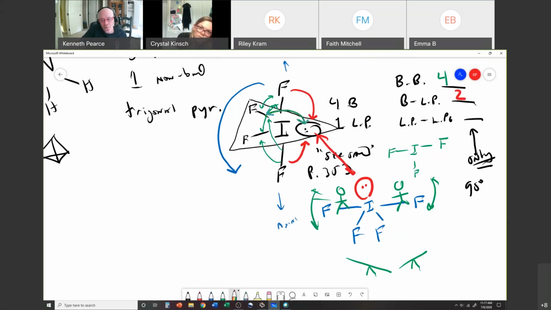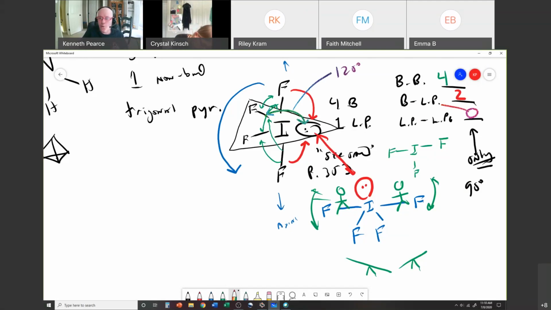What about those that are on the equator? That's 120 degrees. It's a triangle. The equatorial interactions are 120 degrees, so they don't count. This list up here is for 90 degrees. So there are no lone pairs interacting with lone pairs, and so that's 0.